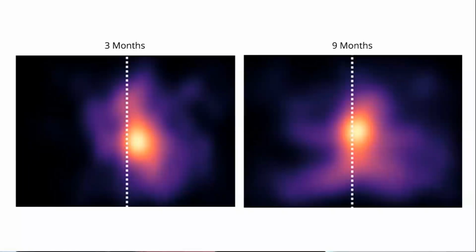However, 9 months after treatment, the mean gaze position seems to be much better and within healthy performance. Even though at 9 months you can see in the heat map here that there seems to be something a little bit shifted towards the right, the mean gaze position is actually okay.